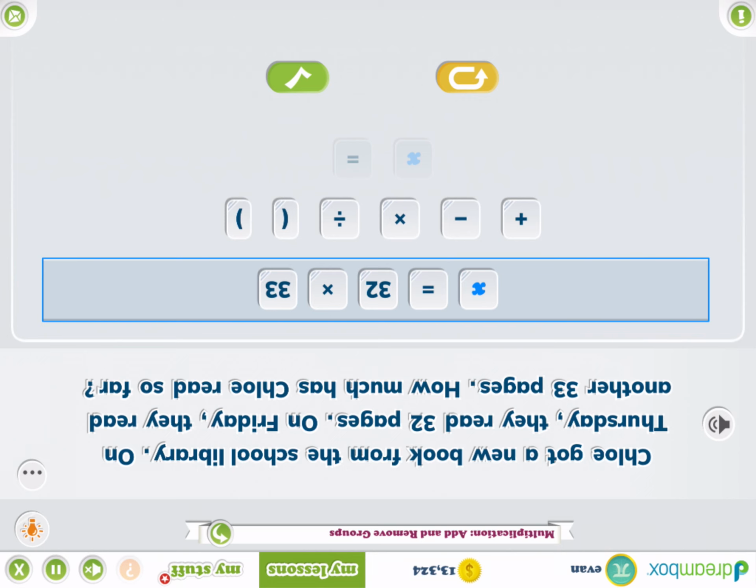Look back at the story in the problem. Are you combining or separating items?